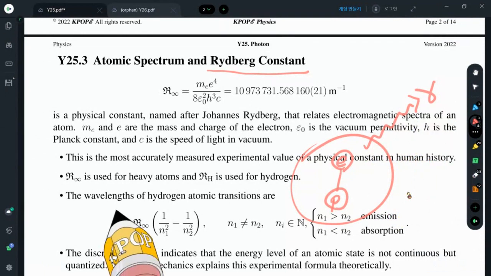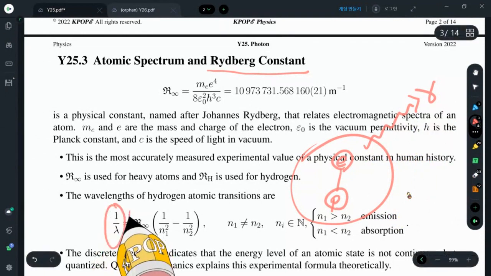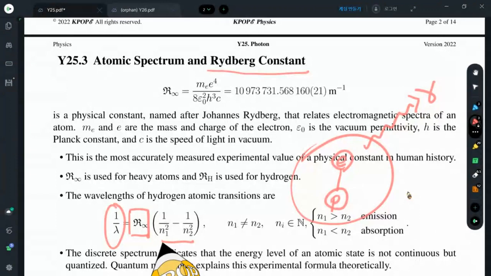That means 1 over wavelength is a constant multiplied by the difference of 1 over integer squared. Here, these integers are positive integers that run from 1 to infinity. But let us concentrate on the smallest numbers.